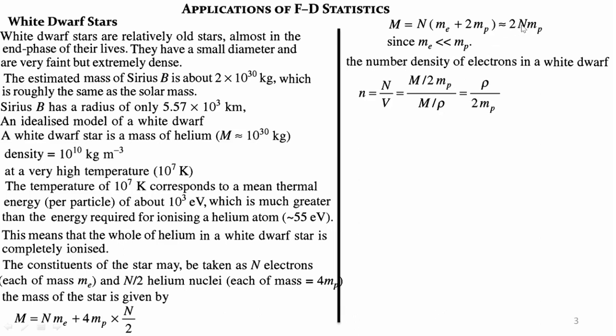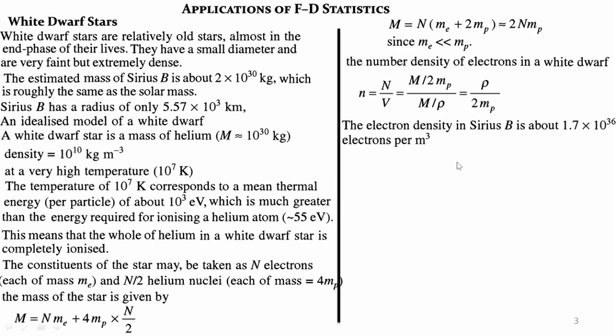So from here we are trying to write down N actually. So N is equal to M over 2 mp, divided by volume, which is nothing but mass over rho density. So if we rearrange these things, M will cancel. So what we will find is that number density comes out to be equal to rho over 2 mp, correct?